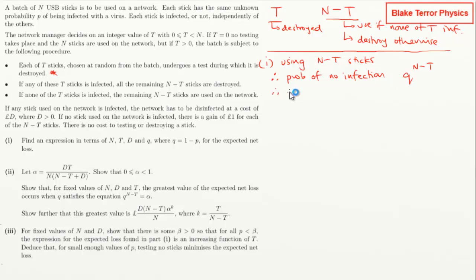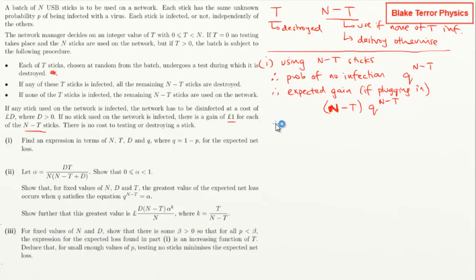Therefore, the expected gain, if we're actually plugging in, is going to be N minus T, because that's the number of sticks, times the likelihood of not getting an infection, because that is our gain here, £1 for each one of those sticks. So that's what happens if we've got some kind of success.